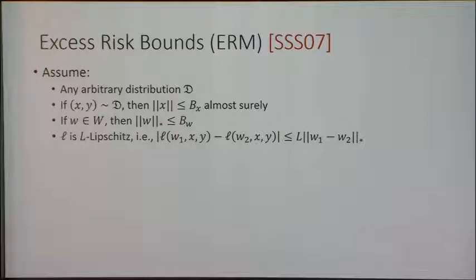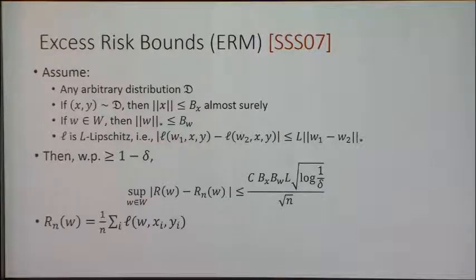So under these assumptions, over the randomness of sampling these training data points, what we can say is that for every w in my hypothesis class, the population risk is very close to the empirical risk, and the excess risk that we are getting is this much. So this goes down as something like 1 by root n, and it has the Lipschitz constant and the radius of the ball in which we are working.